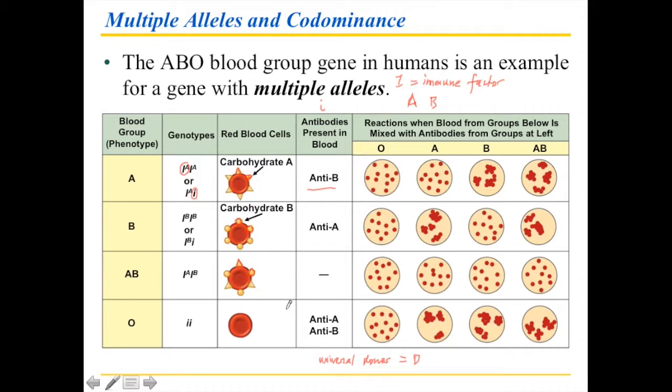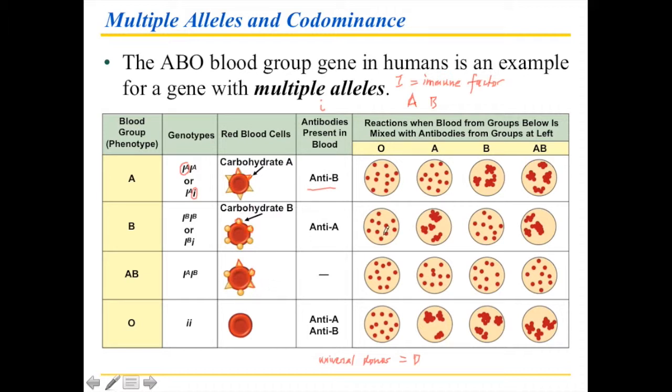Now the next thing to think about is what happens if you have blood type B and somebody tries to give you blood type A. Well, that's not going to work, because your body is going to react against blood type A and against blood type AB, because that also has the little A bits on the top.